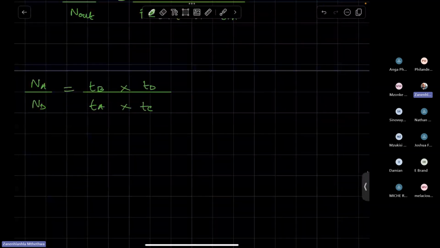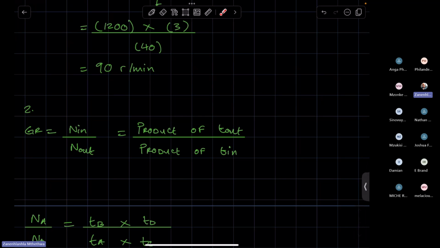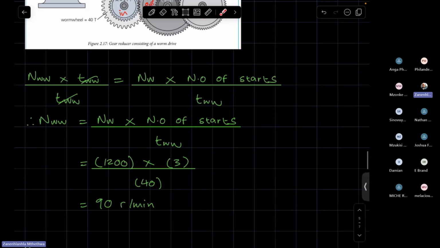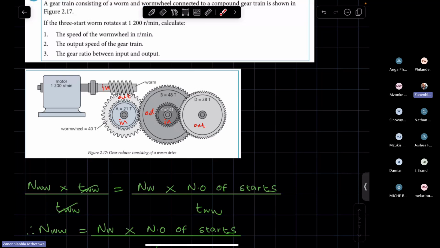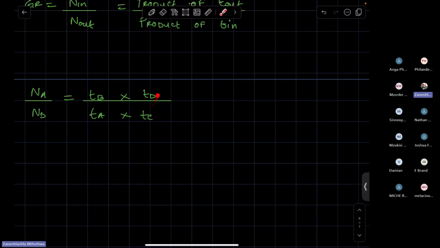Now, based on what we have here, we are able to get the rotational frequency of A. Remember that gear A and the worm wheel are fitted with the same shaft, and we've just calculated the rotational frequency of the worm wheel. So essentially, we have this. This is what we're looking for, and we have all the number of teeth. If you look at our diagram, they've given us all the number of teeth. The number of teeth of A is 21, for B is 48, for C is 14, for D is 28. So now it's a matter of manipulating this such that we make ND the subject of the formula.